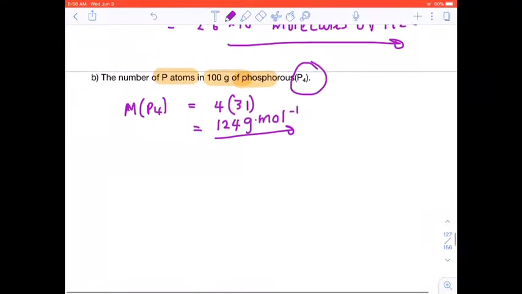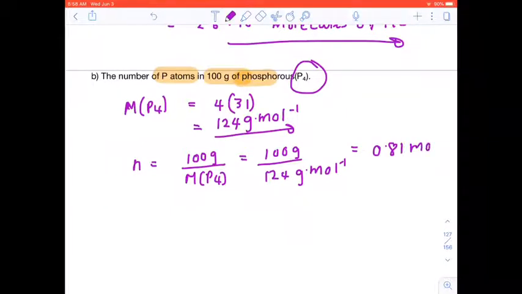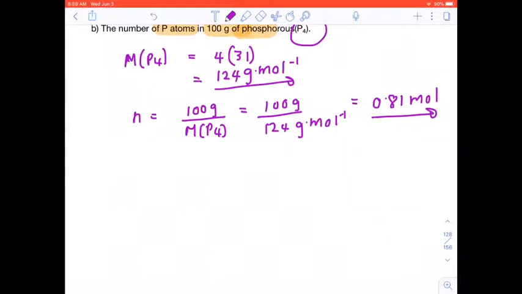Now n is equal to 100 grams all upon the molar mass of P4, which is 100 grams upon 124 grams per mole, which is then equal to 0.81 moles of P4. But how many moles of P do we have?